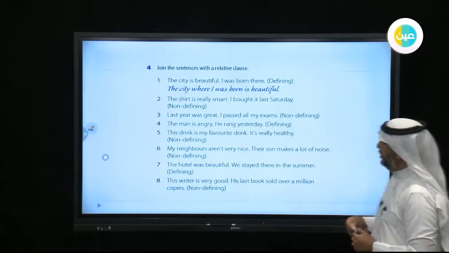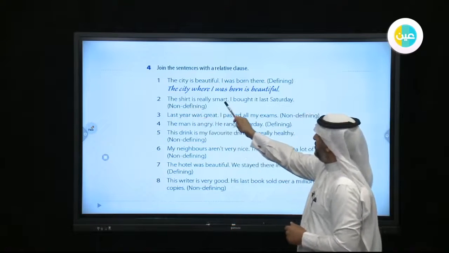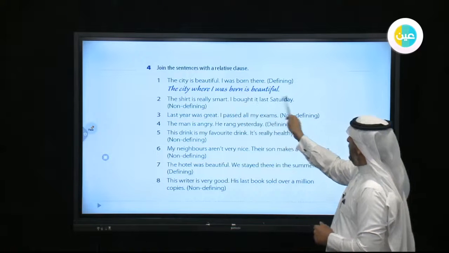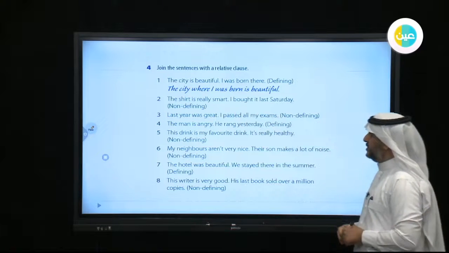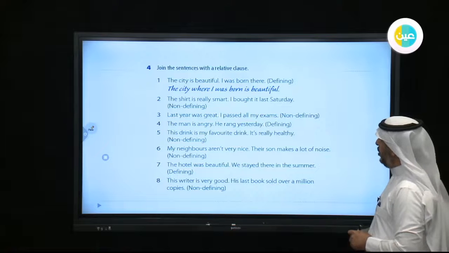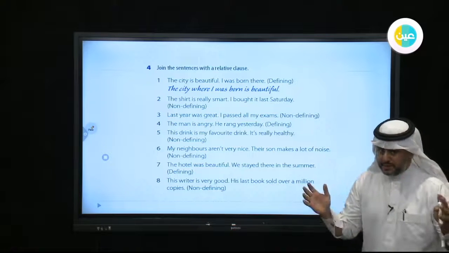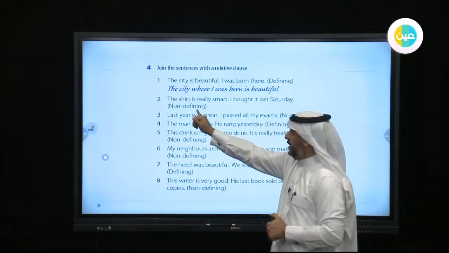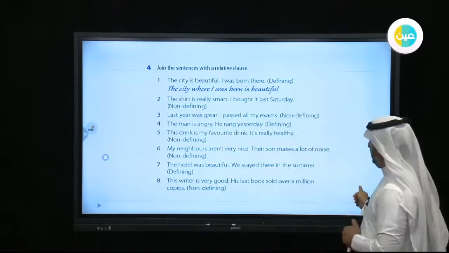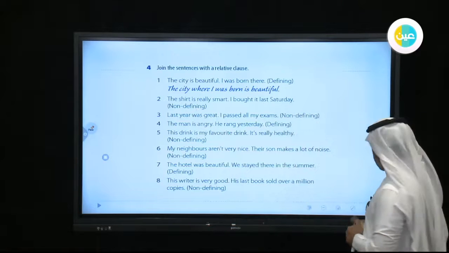Number 2: The shirt is really smart. I bought it last Saturday. I want to complete the sentence with a non-defining relative clause. So how can it be completed?